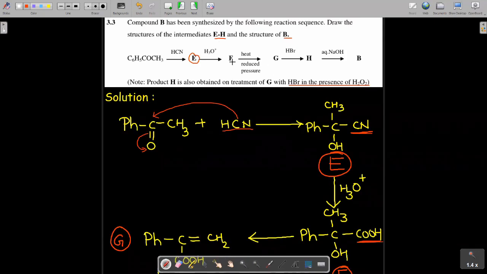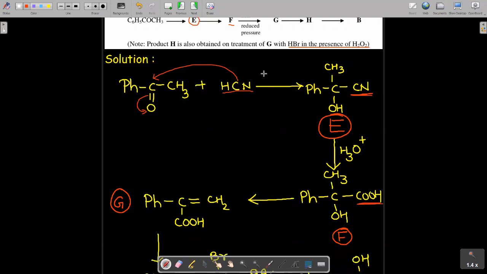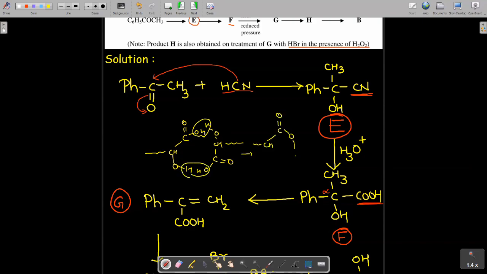Now it is said that this F is heated under reduced pressure. So the number of molecules should increase in the reaction instead of decreasing. Now see, this particular F is an alpha hydroxy carboxylic acid. So there are two possibilities of reaction with alpha hydroxy carboxylic acid. One possibility is that on heating it loses water molecules like this and can have a dimerized structure, something called lactone.